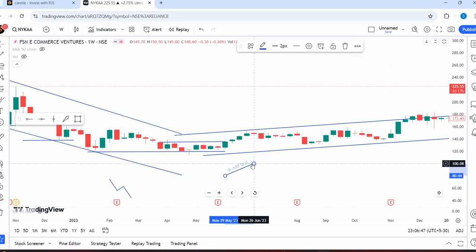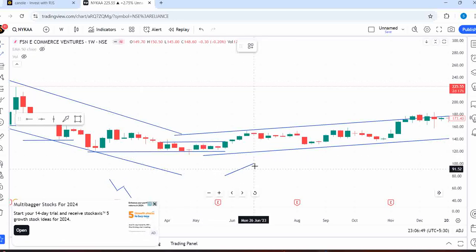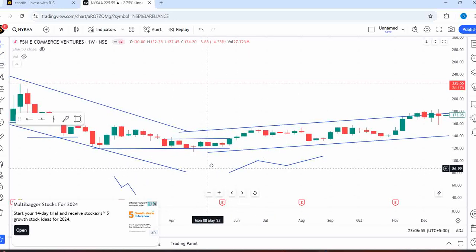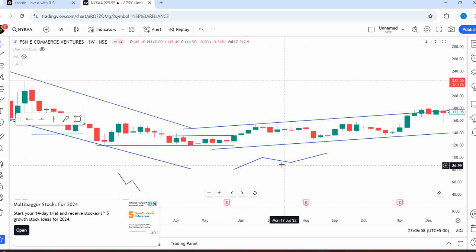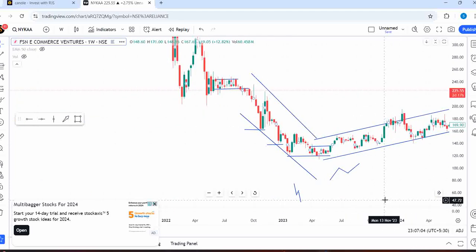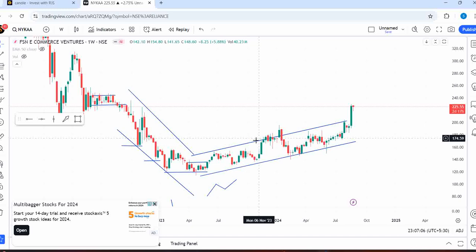So like this, then again came down, but here to here. Here you see the support is shifting upside. So the channel is on the upside now.